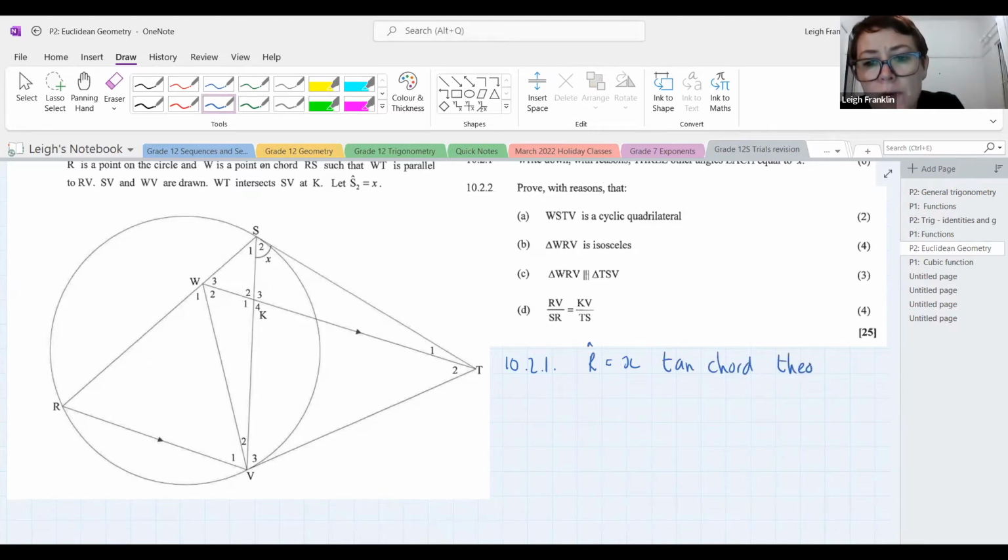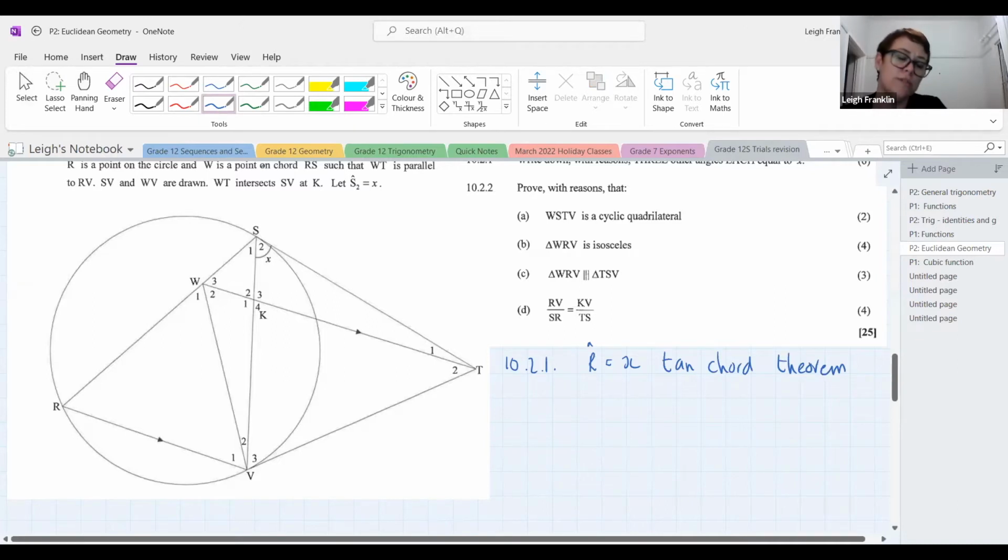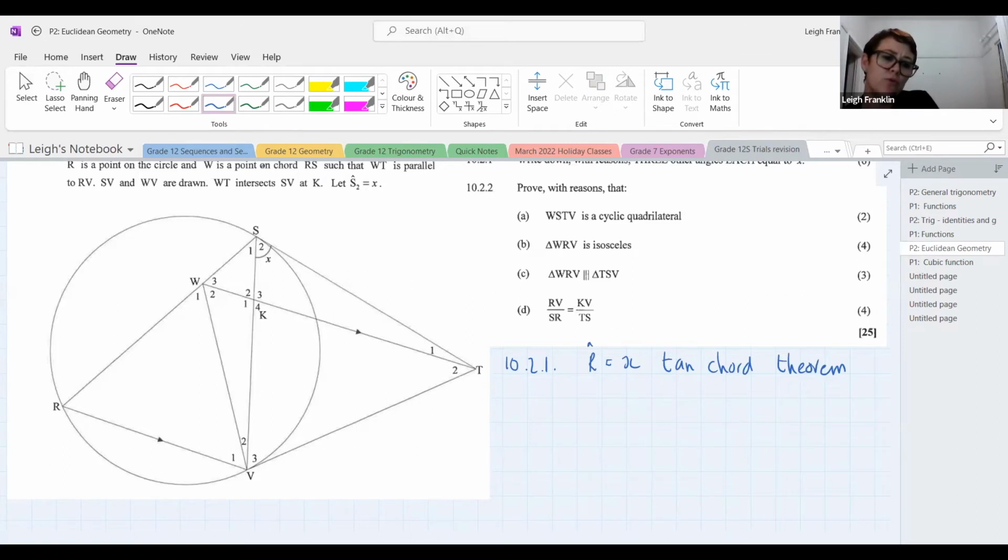Okay, then the next one that Kanyisile mentioned was W3. Can you tell me why W3 is equal to R? Any idea?